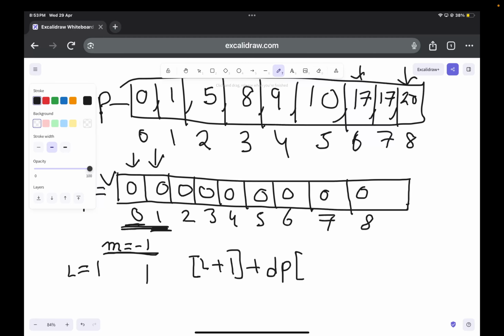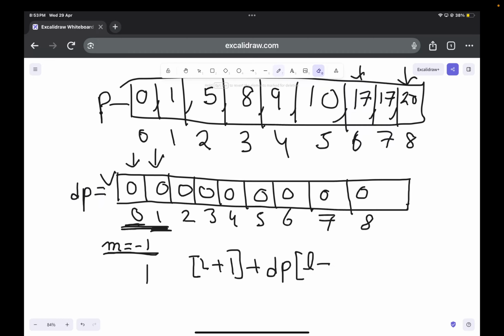So dp of the amount. What is the amount? Amount is L minus total cut, so I'll just take it as cut. See how many cuts you can do. It is a little confusing, but I'll explain, no issue. What are the possibilities of cut?